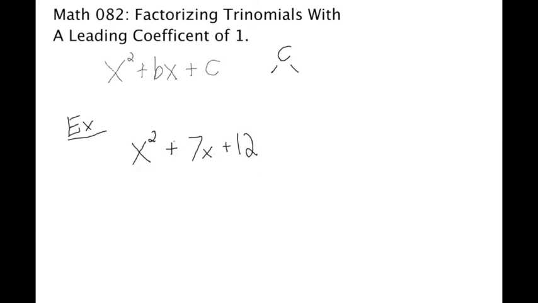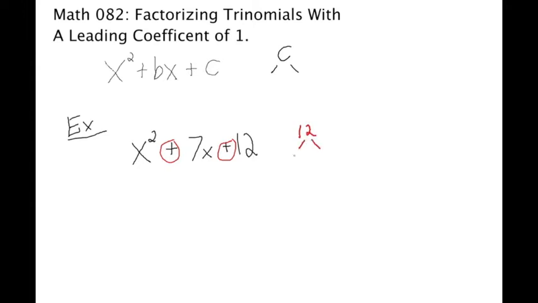So since this middle is positive and this is positive, we're going to need to find two numbers that multiply to become a positive, which is either going to be two negatives or two positives. In this case, they need to add to be a positive. So we know that both the numbers that multiply into 12 need to be positive. So now let's list those factors of 12.